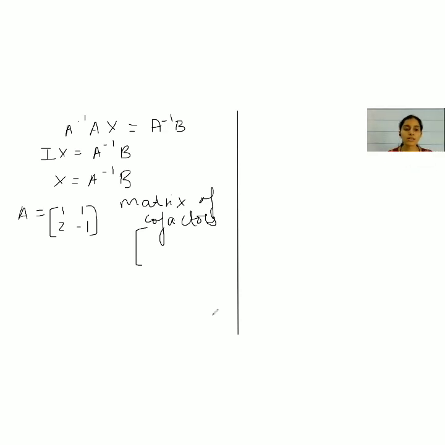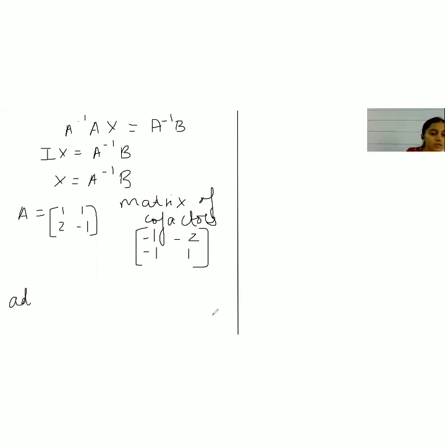In the matrix of cofactors, the first element remains as the minor itself. Then the second element will be with a minus sign. The third element will also be with a minus sign. And the fourth element will be without the sign change. So this will be your matrix of cofactors.